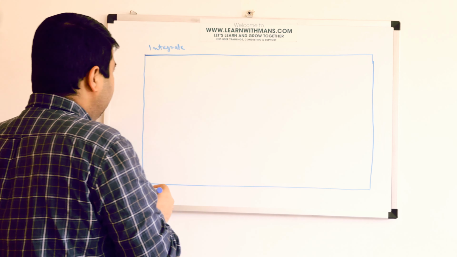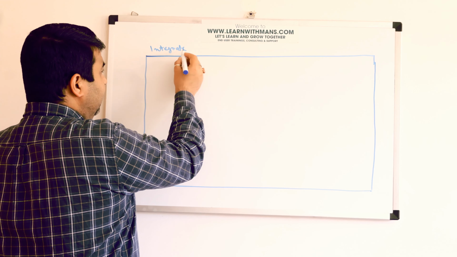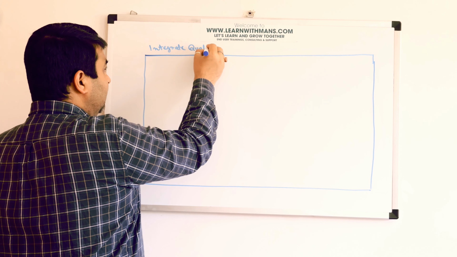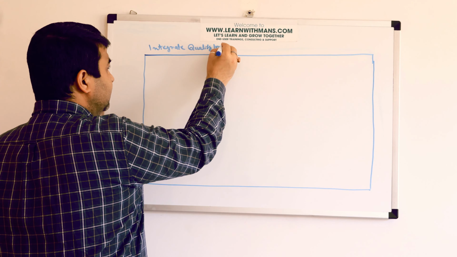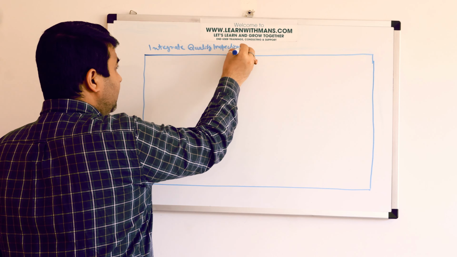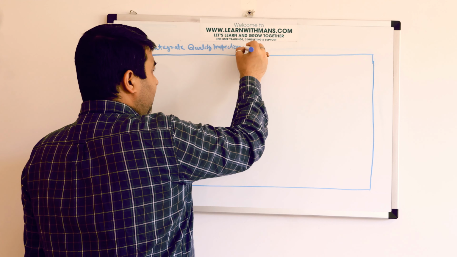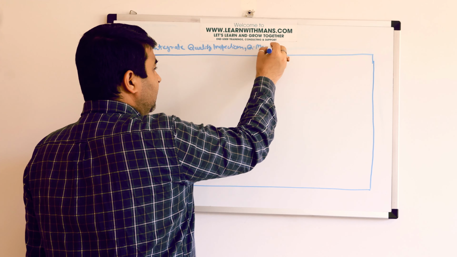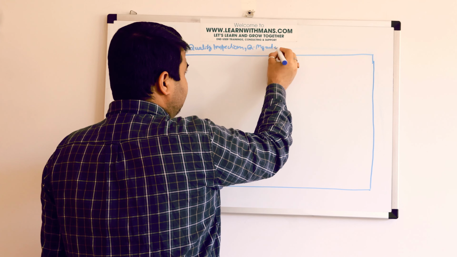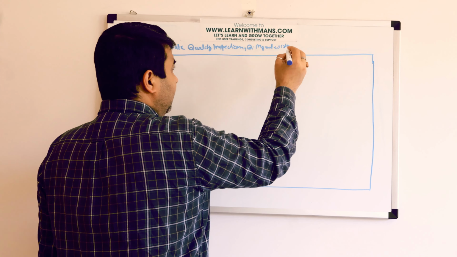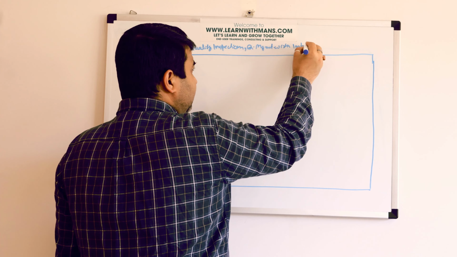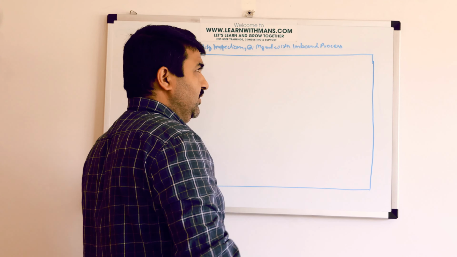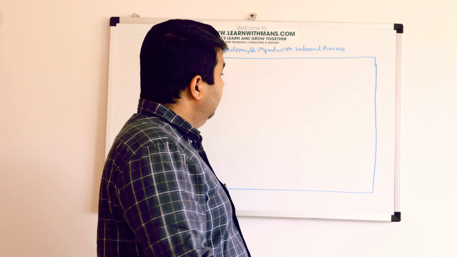So in today's session we will understand how to integrate quality inspections, or in brackets quality management, with the inbound process. Inbound process means we are going to receive the product inside our warehouse.